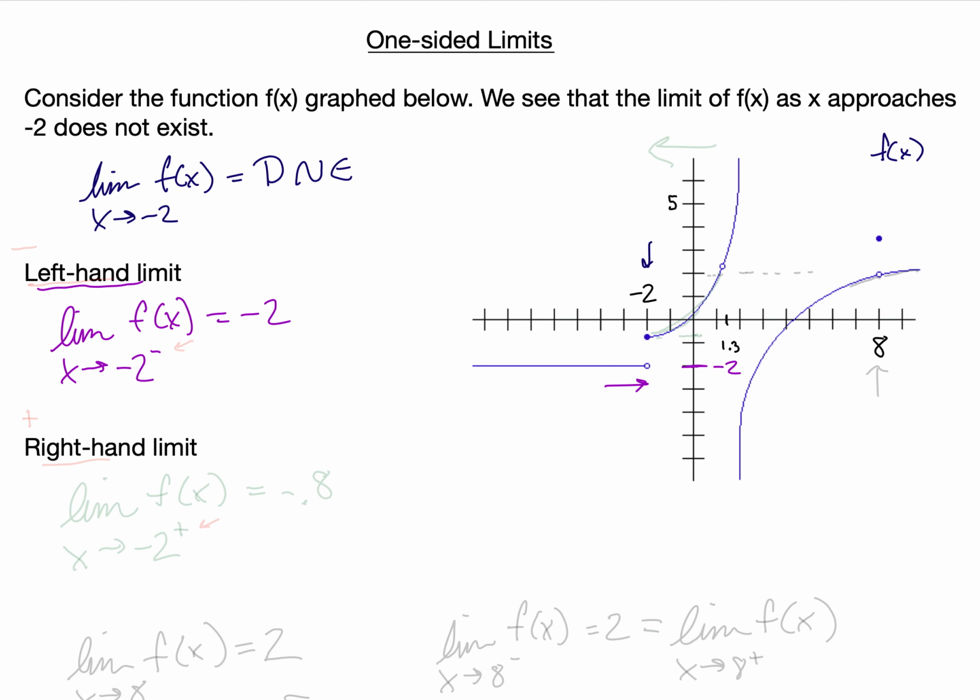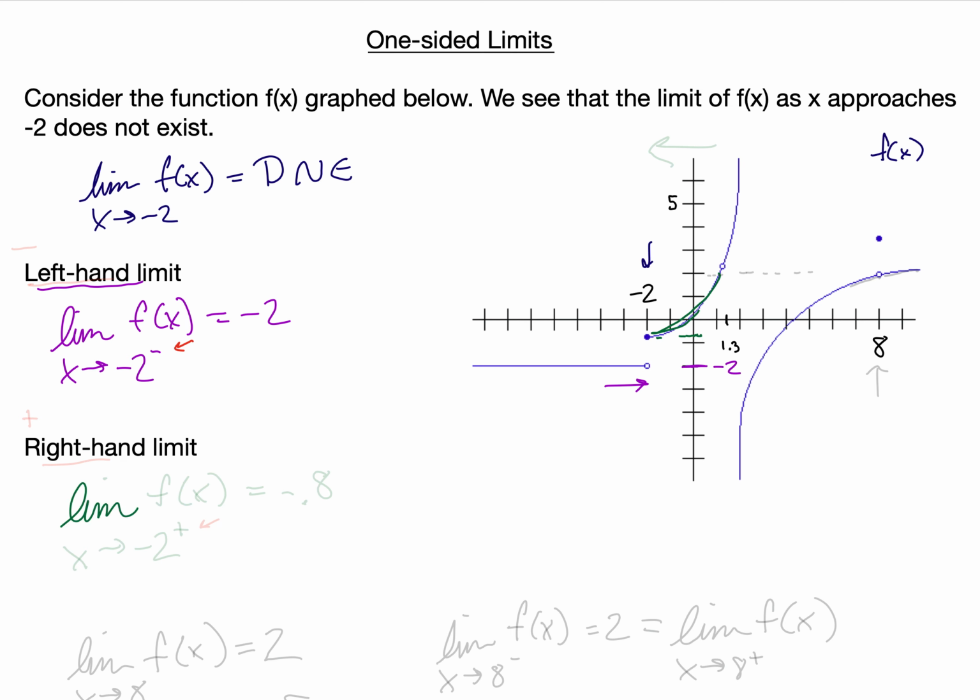And we denote that left-hand limit or right-hand limit by having a superscript of either a plus or minus. So similarly, the limit as x approaches -2 from the right also exists. If we look at what the function is doing as x approaches -2 from the right, it appears to be approaching some value, maybe -0.8.